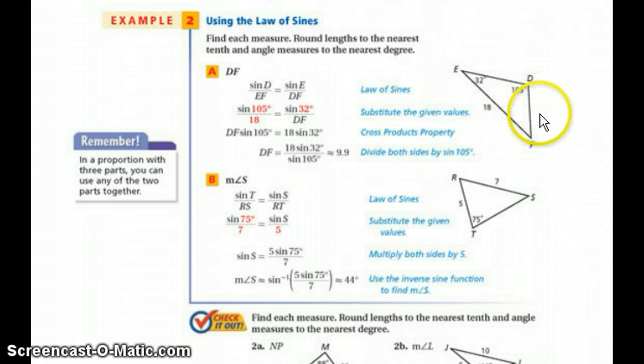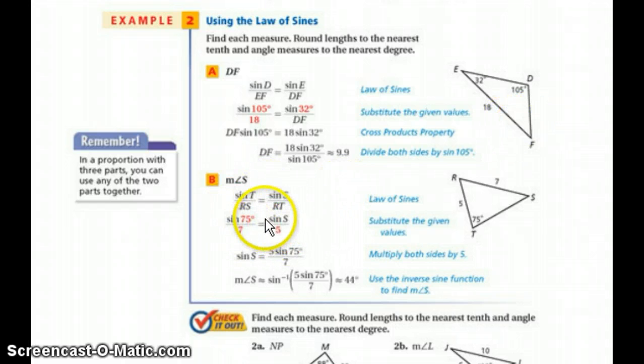That would be the side opposite that 32-degree angle. And if you know how to cross multiply, a lot of times that's usually the easiest way to go about that. And just solving for DF, we would divide both sides by sine 105. And then this is where you would take your calculator and you'd get about 9.9 for the side DF.